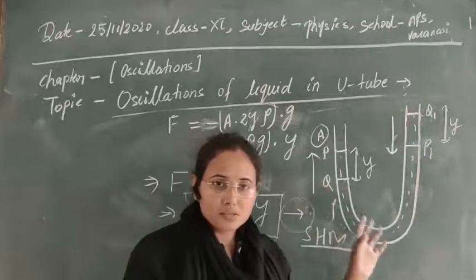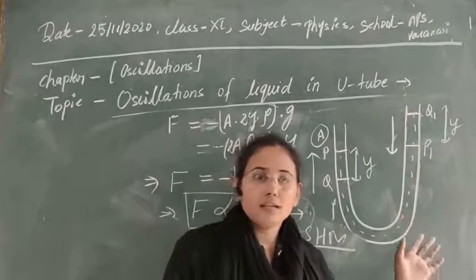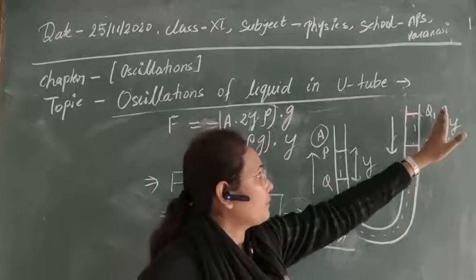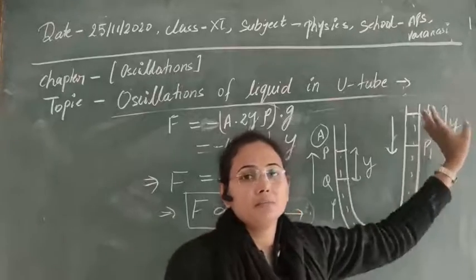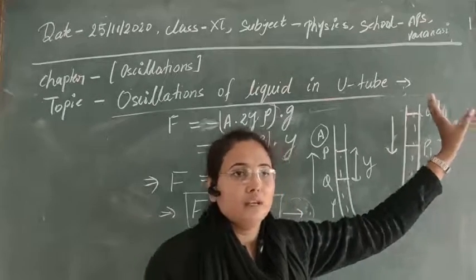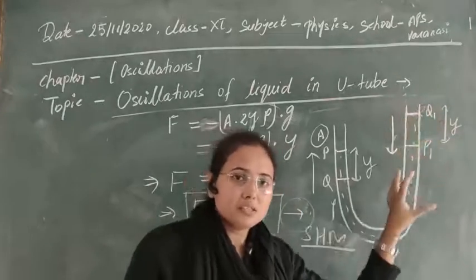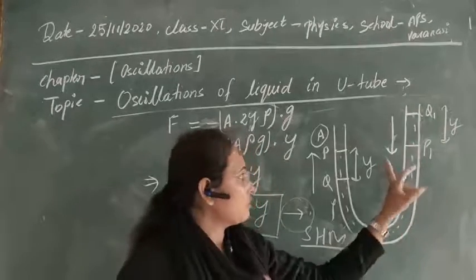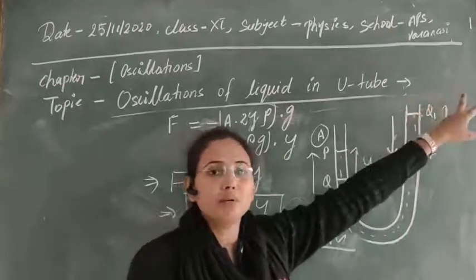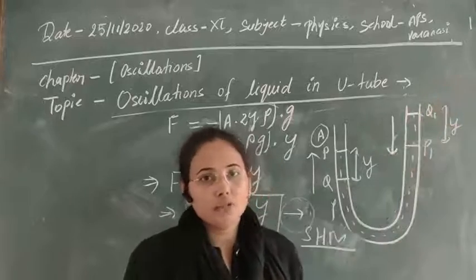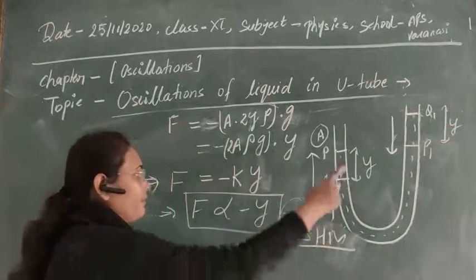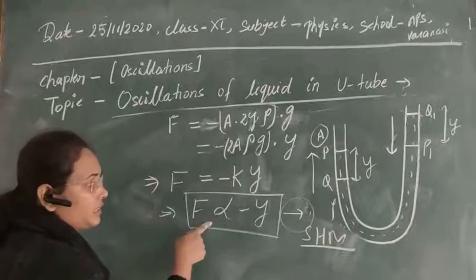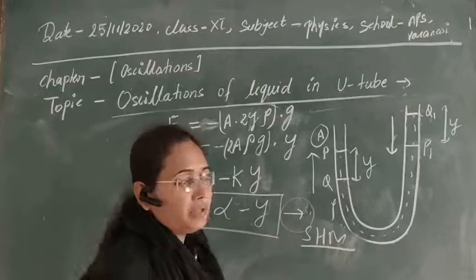So if we displace this system by some force, then due to that displacement a restoring force will be developed, and the value of the restoring force will be equal to the displacing force in this system. And if that condition is followed, then this system will perform simple harmonic motion.